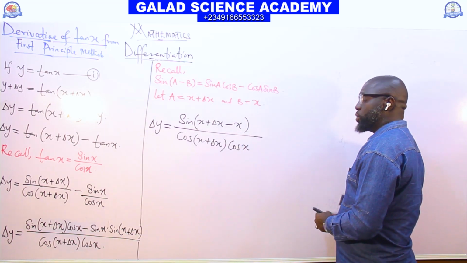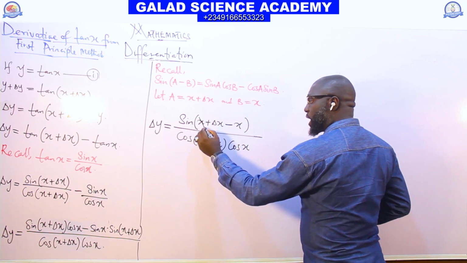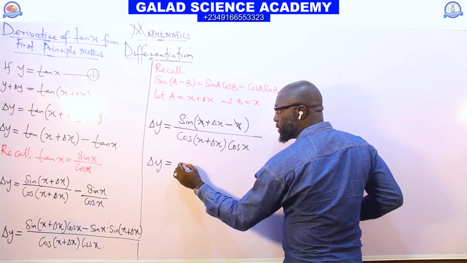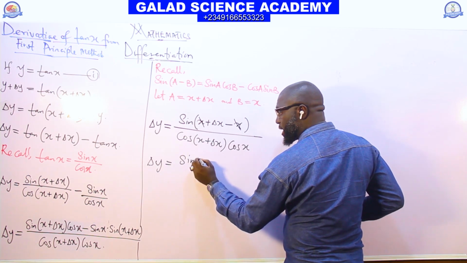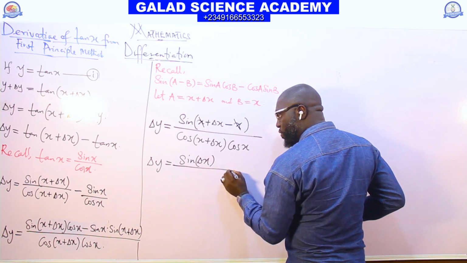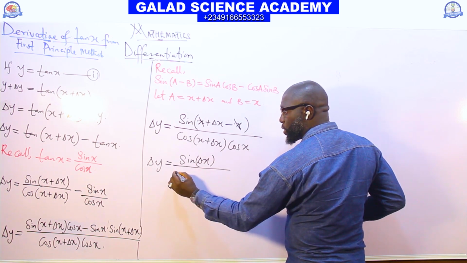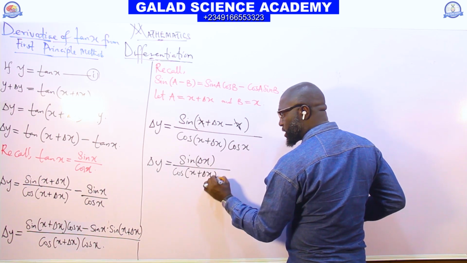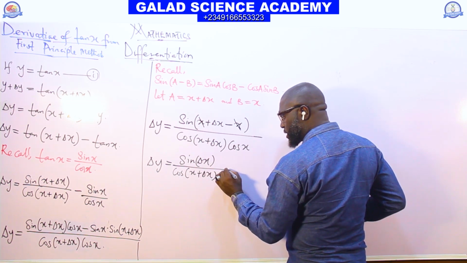The next thing we do is we cancel this out. We are left with y equal to sine change in x over cos(x plus change in x) cos x.